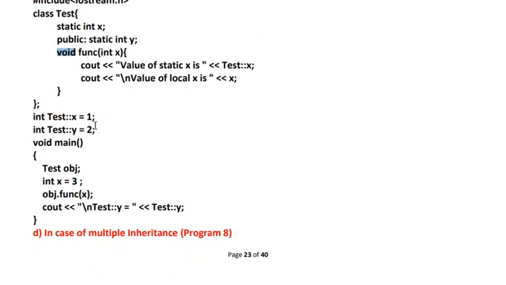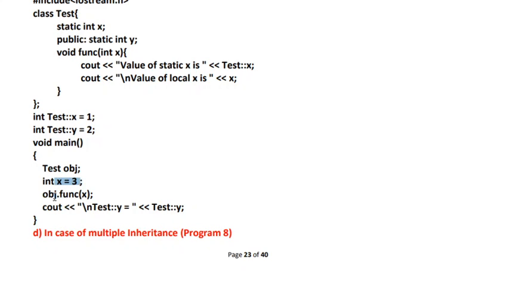Now just see, we have assigned a value 1 to the static variable x and 2 to the static variable y. This is the way the static variables are assigned. In the main function we have declared an object of type test, so obj is an object of type test, and we have declared a variable x which has value 3.